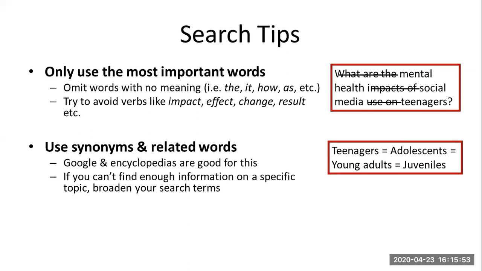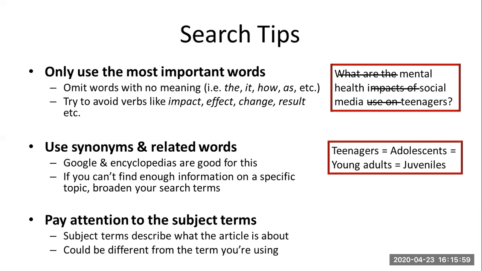And then going along with different vocabulary and different ways to describe something are also subject terms. So subject terms are really important in databases, especially in a database like EBSCOhost, because basically every article included or indexed in EBSCOhost is given subject terms, and those subject terms are part of what's called a controlled vocabulary.